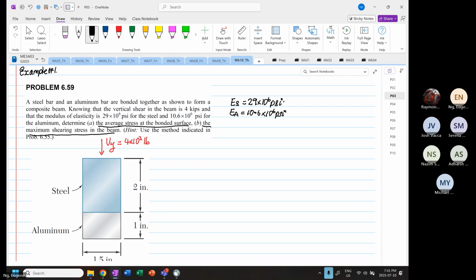What I'm going to do is pick a reference material. For this case, we're going to select steel as the reference material.